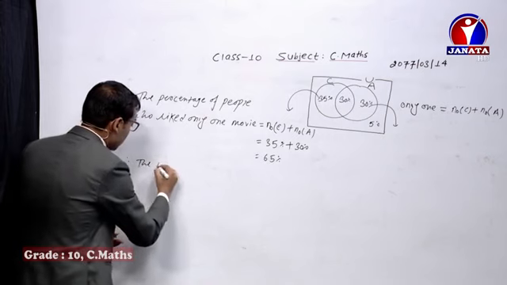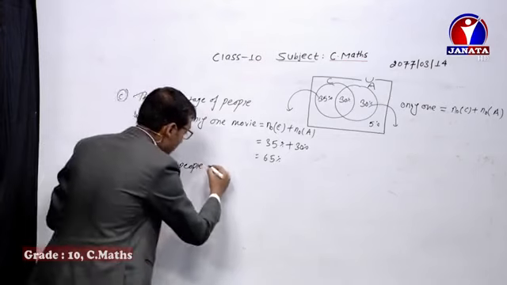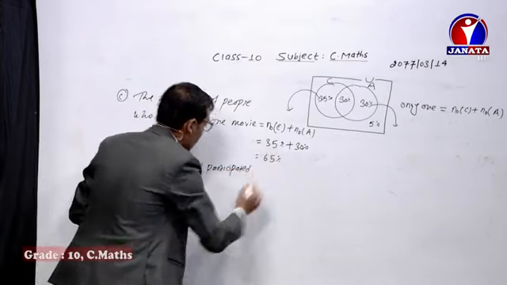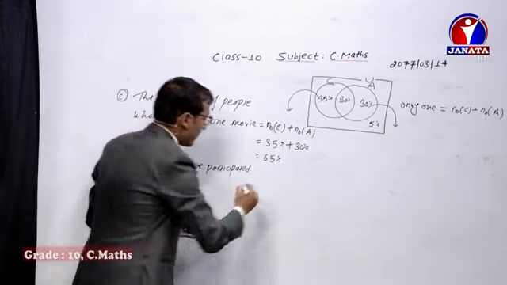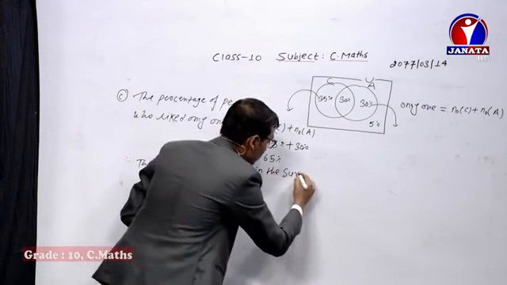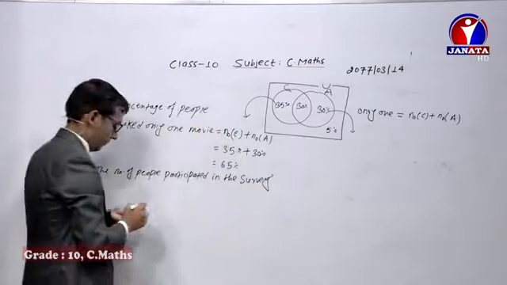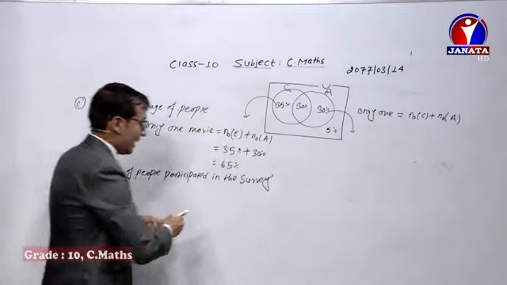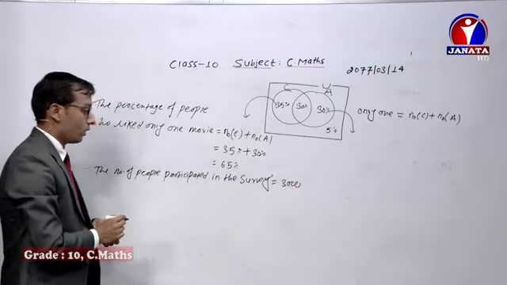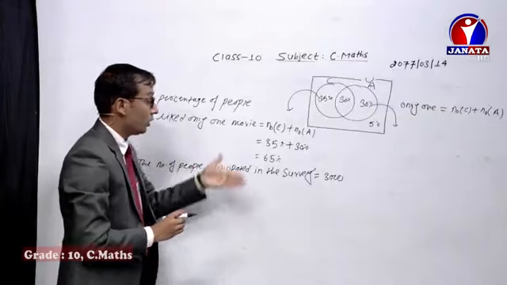The number of people who participated in the survey is 3000, but here we are calculating the number of people who liked only one type of movies.